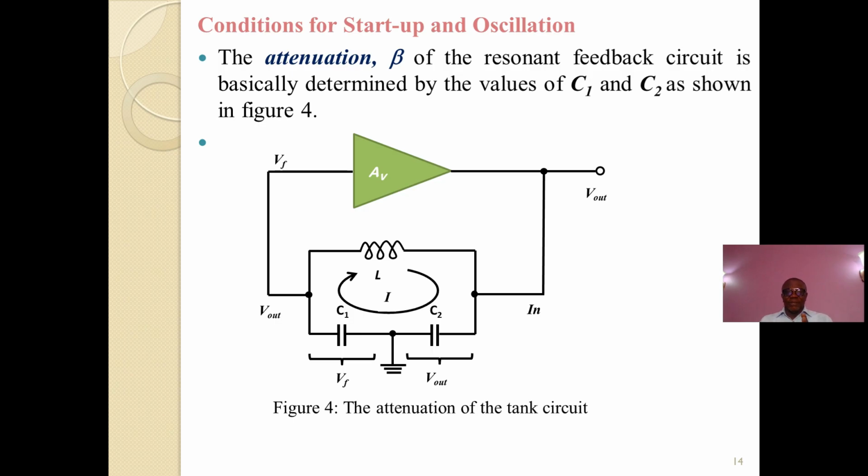Now, if you look at this circuit, you see that the output voltage, V out, is what appears across C2, while the feedback voltage, Vf, is what goes back to the amplifier.